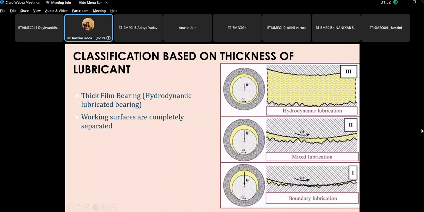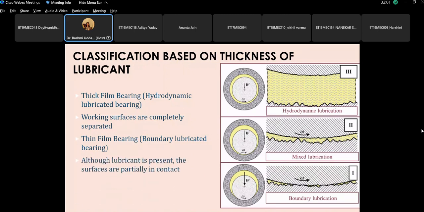and this will increase the wear and tear. Boundary lubrication is known as thin film lubrication, wherein the lubricant is present but the surfaces are still partially in contact. Somewhere they will be in contact with each other. This is used whenever the magnitude of load is very, very small.